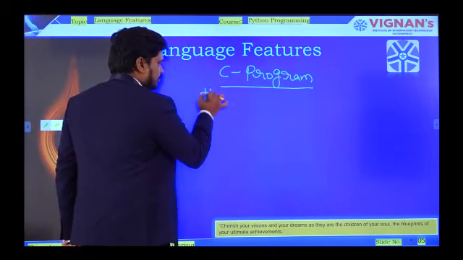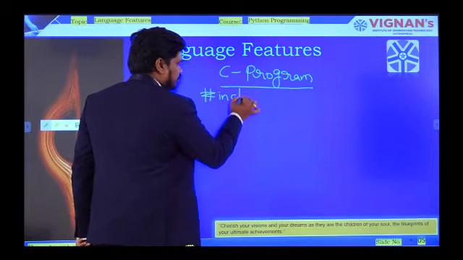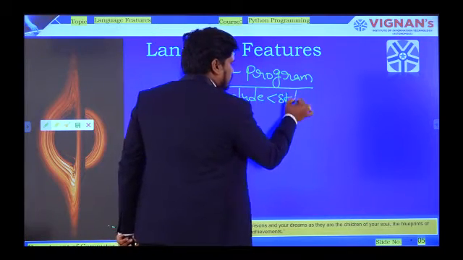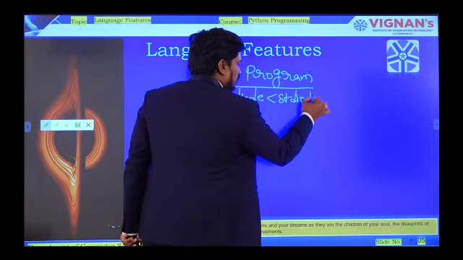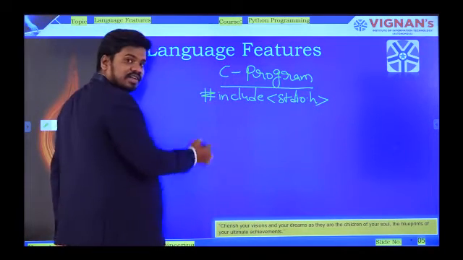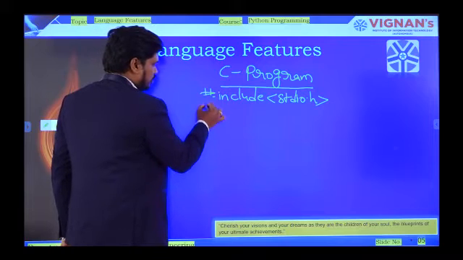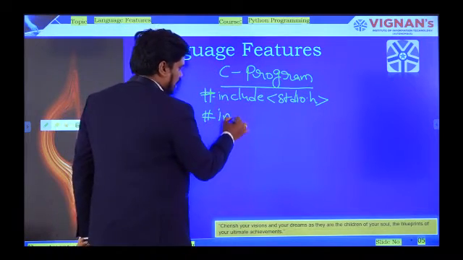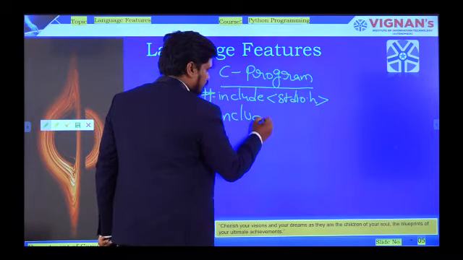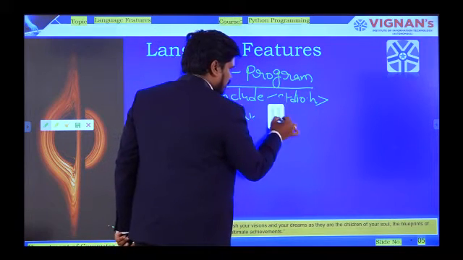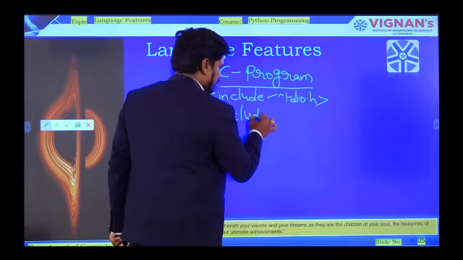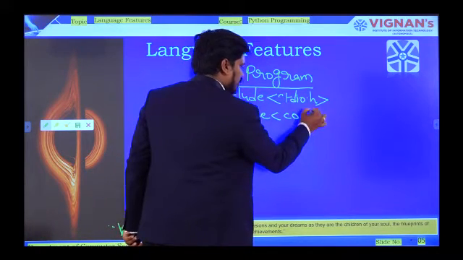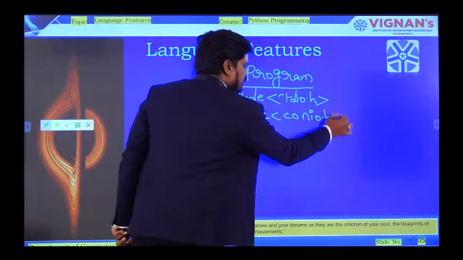I'll write hash include stdio.h, and next hash include conio.h.